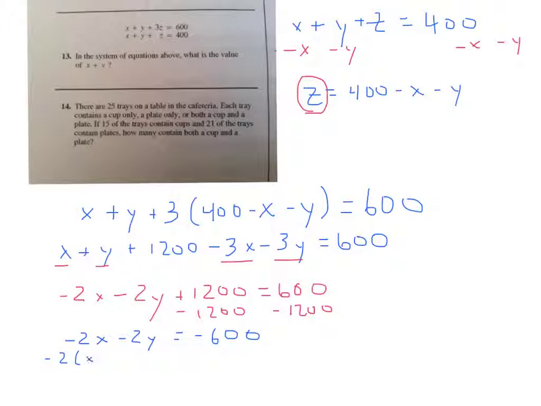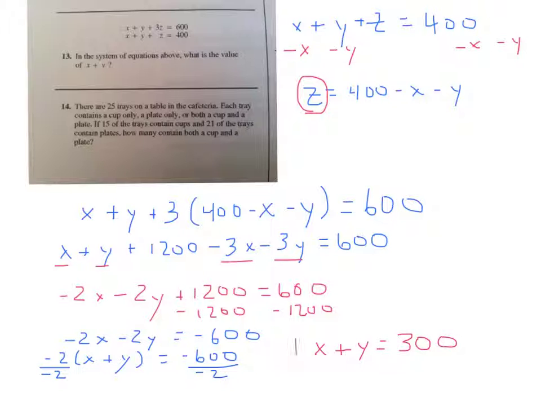Negative 2 times x plus y, because remember we factored out that negative, equals negative 600. And if we divide both sides by negative 2, we are left with x plus y equals 300. And that is our answer for problem number 13.